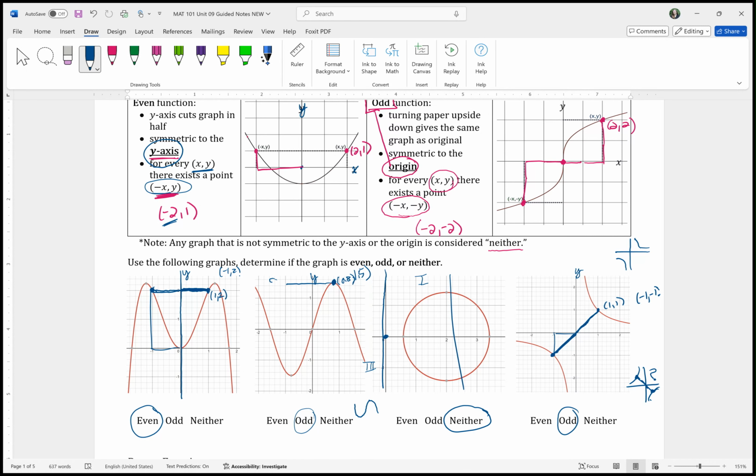Definitely recommend looking at a variety of different graphs for this because this can be tricky. I do also want to say, be careful about transformation. So if a graph is not centered on the origin, then it's not going to be symmetric to the origin. For example, what do I mean by that? Let's say that we have a similar graph like this, but it's like this.